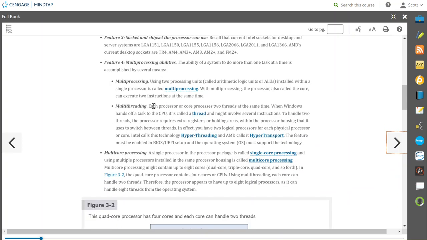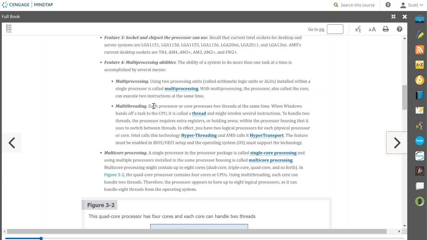The fourth feature is multi-processing abilities. Now, it's not just multi-processing, but also multi-threading. Multi-processing means I've got two people in the office, the analogy I used before.